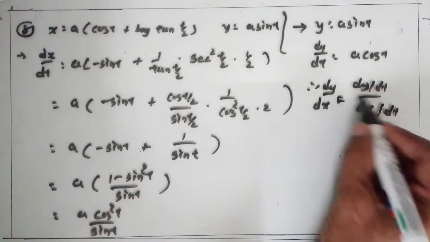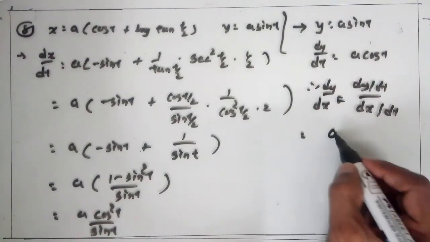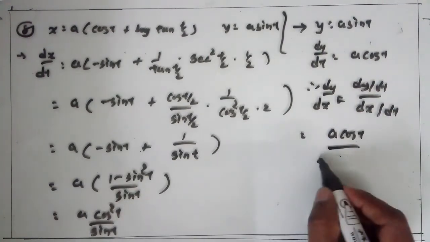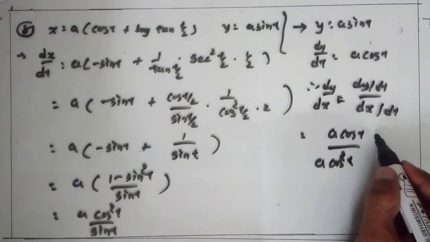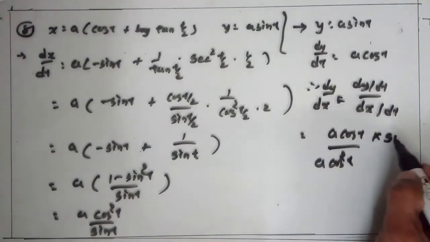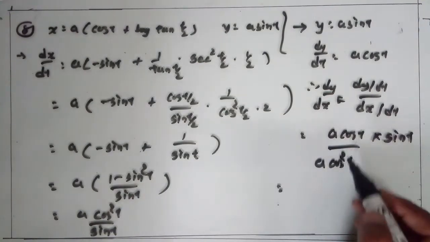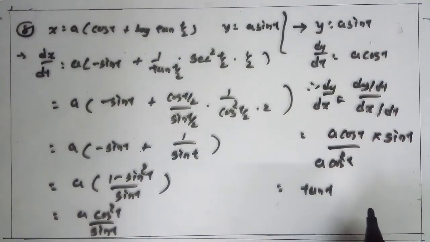So dy dt is equal to a cos t upon dx dt is equal to a cos square t upon a sin t. Simplify this, a cancel, 1 cos cancel, sin upon cos becomes tan t. So this is the answer. Clear this?